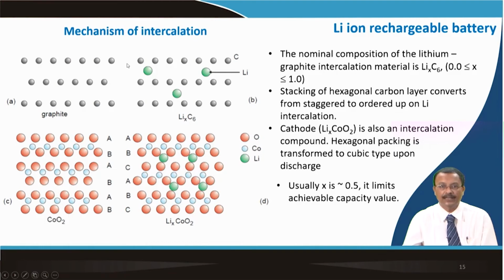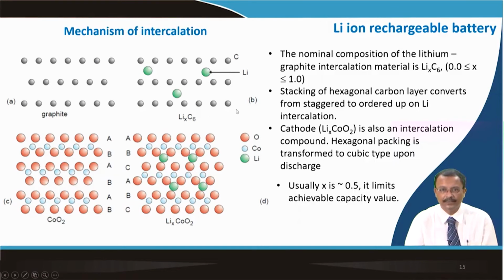So, the mechanism, although I will come back to the mechanism later, but here the nominal composition of lithium graphite intercalation material is: in graphite, lithium is intercalated, it goes inside the graphitic layer, and the stacking sequence of the hexagonal carbon layer converts from staggered to ordered upon lithium intercalation.